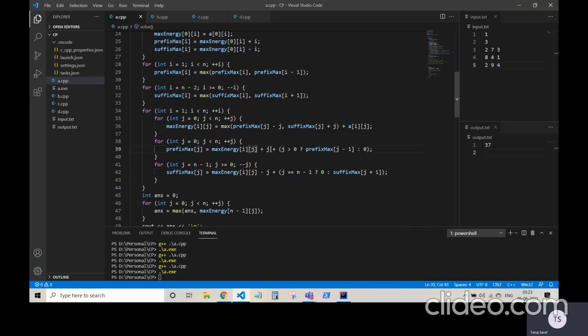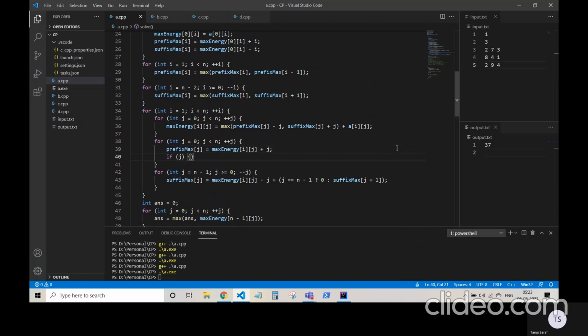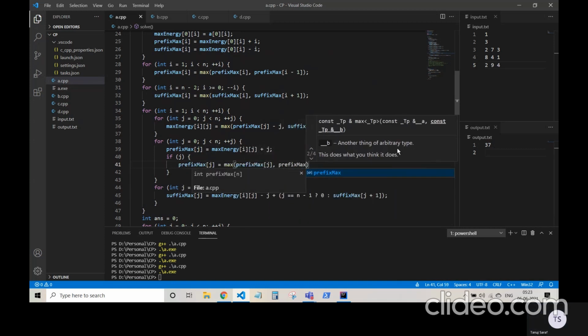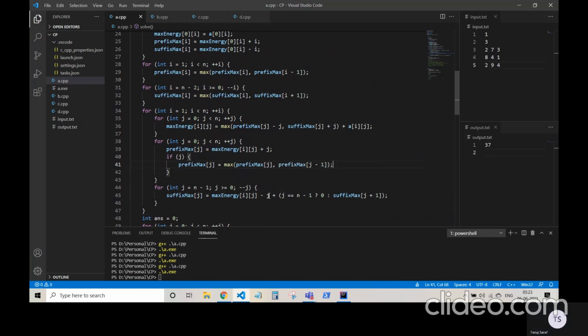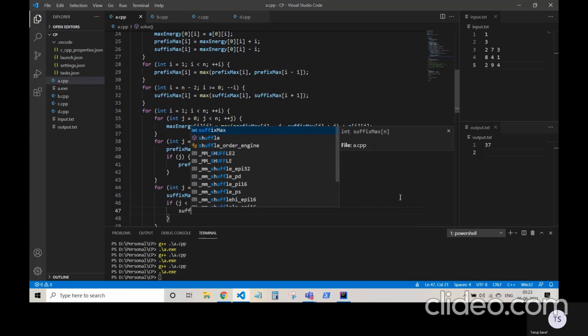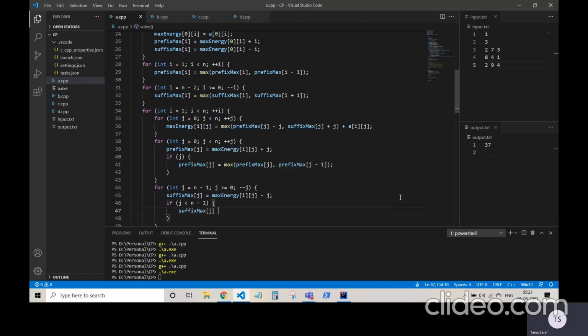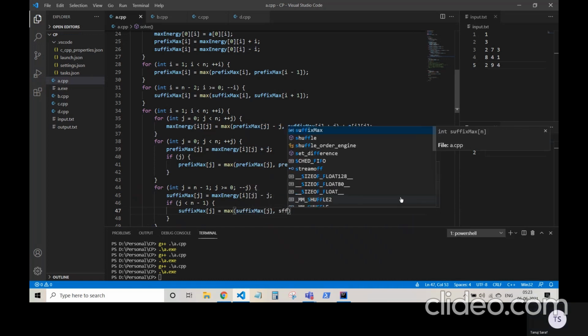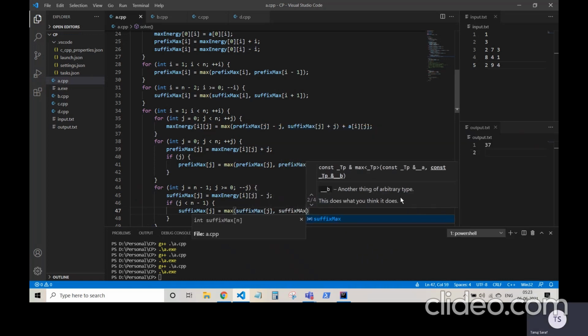Okay, I'm so sorry about this. Stupid error, but value at j plus 1.